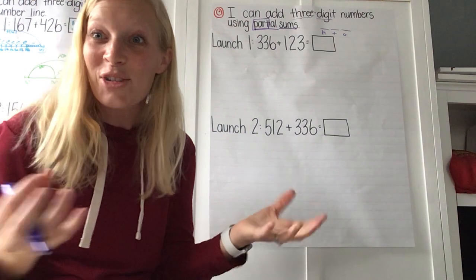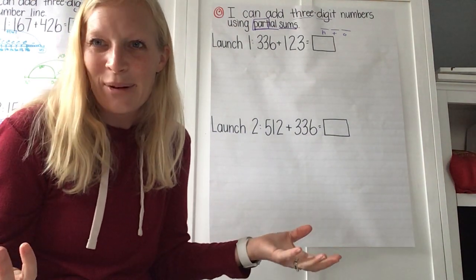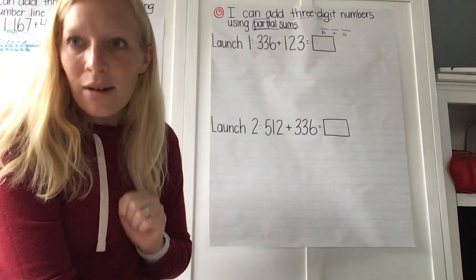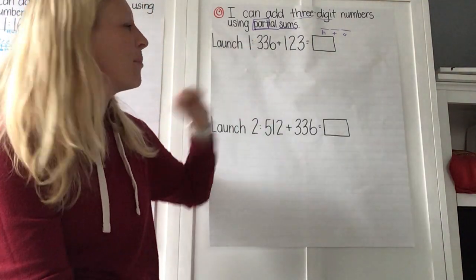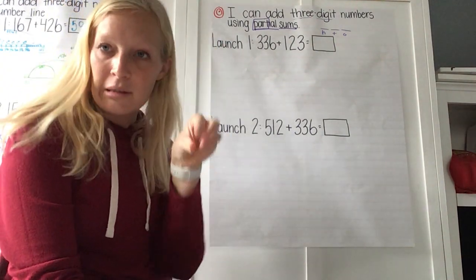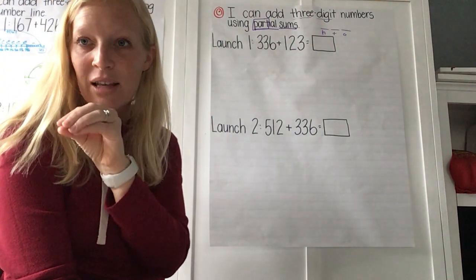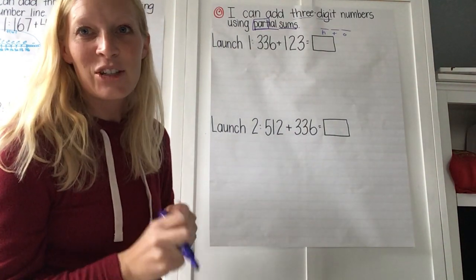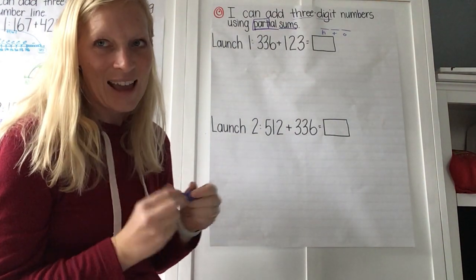Partial sums is exactly that. It's just using numbers instead of pictures. We're breaking apart our numbers to find the sum. We find a sum here, a sum here, a sum here, and then we put them all together. Let's see how we might do that today.